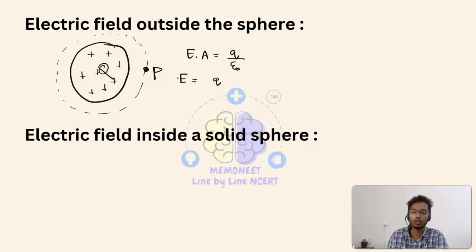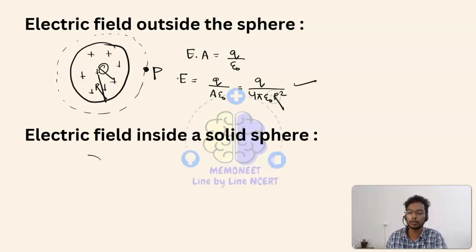E is equal to q upon A epsilon naught, and the area is 4 pi r square, where the radius is r. The curved surface area of the sphere is 4 pi r square. So we have q upon 4 pi epsilon naught r square. So this is the electric field.